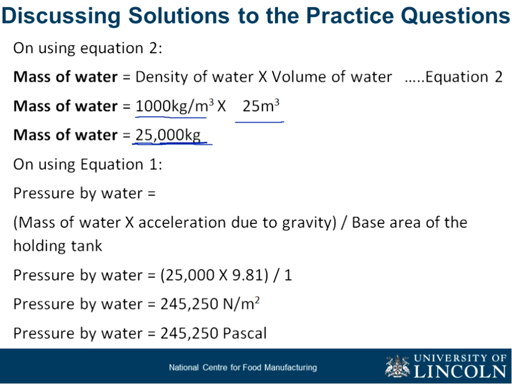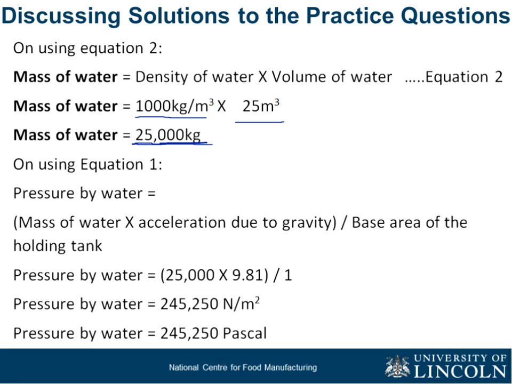For example, if you want to do your nutritional information for products, some of the ingredients will be in volume, some of them will be in mass, in kilogram, in gram, some of them will be in meter cube, so you have different units. So you must be able to convert them, bring them together, so you can talk in the same language, and you don't need to worry too much about this.